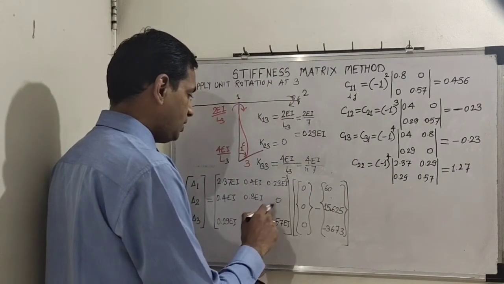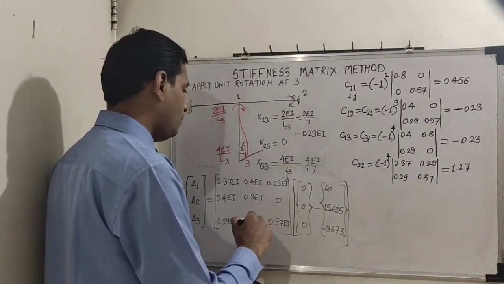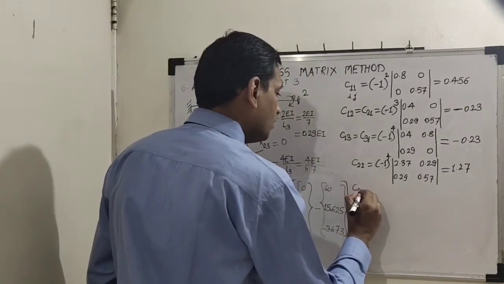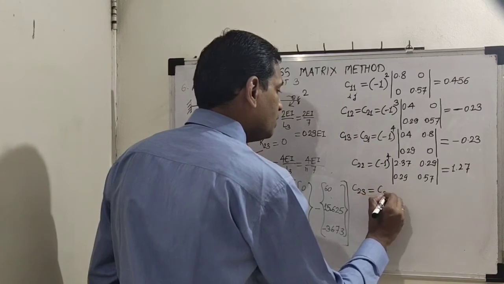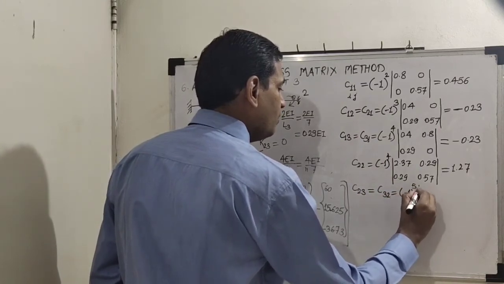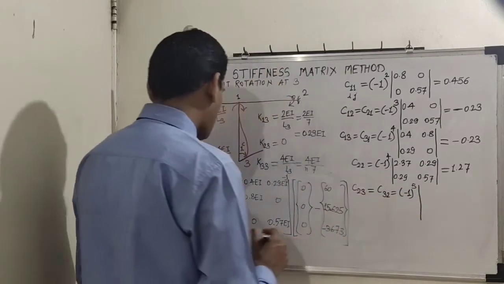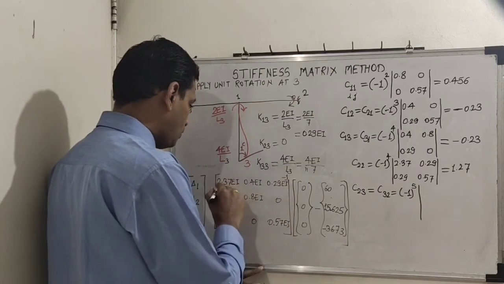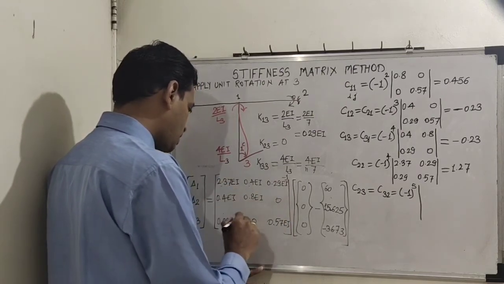Now seventh and eighth we will get, which is second row, third column, C23, which is also equal to C32. So minus 1 raised to 5 into second row, third column. So 1, 2, 3, 4.